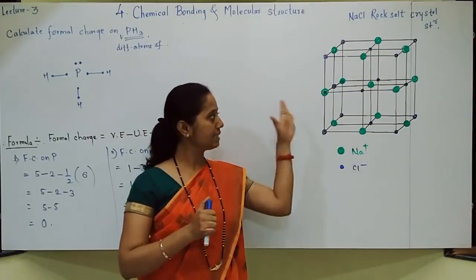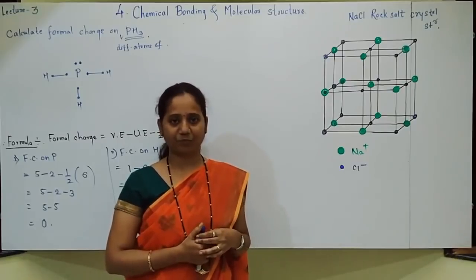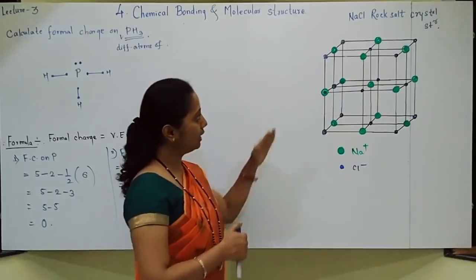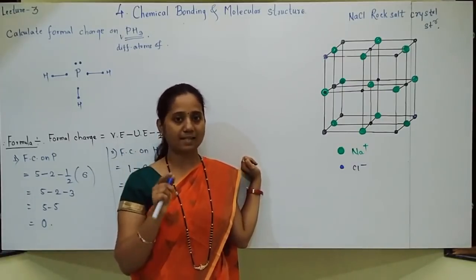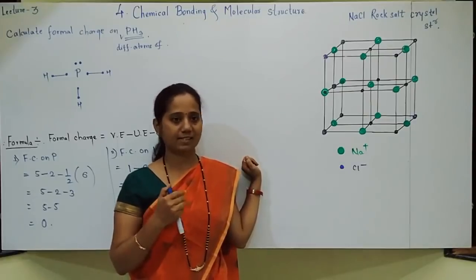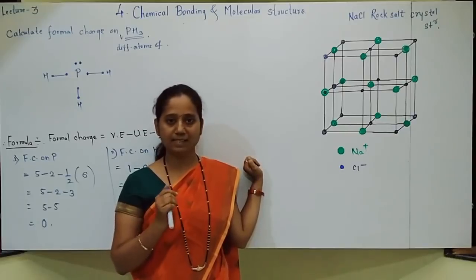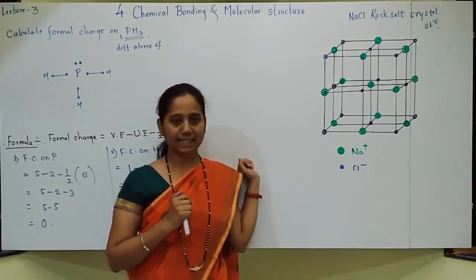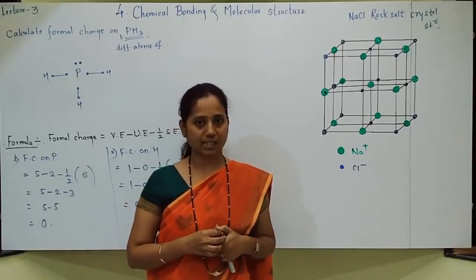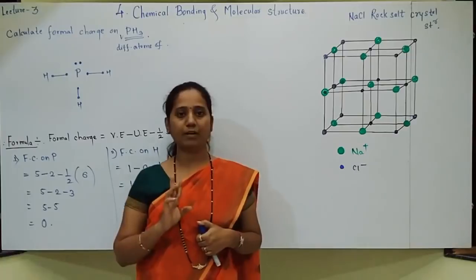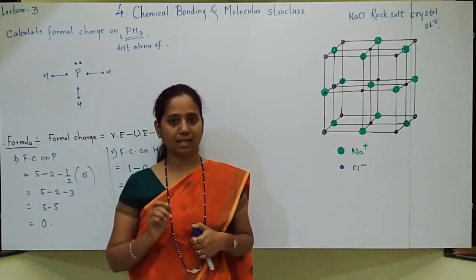Now, in this structure, what different things are there? Try to understand. Actually, this structure is in the second PUC syllabus, but still, as the diagram is given, we will discuss the rock salt, that is, the NaCl crystal structure. You know that the rock salt structure is made up of two types of ions, Na plus ions and Cl minus ions.